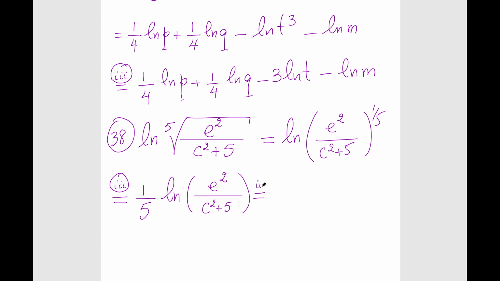The 1 over 5 is still sitting outside, times the log of the numerator minus the log of the denominator. The denominator is c squared plus 5. I cannot simplify this, remember? Log doesn't split over addition. There's no formula to that end. Okay.